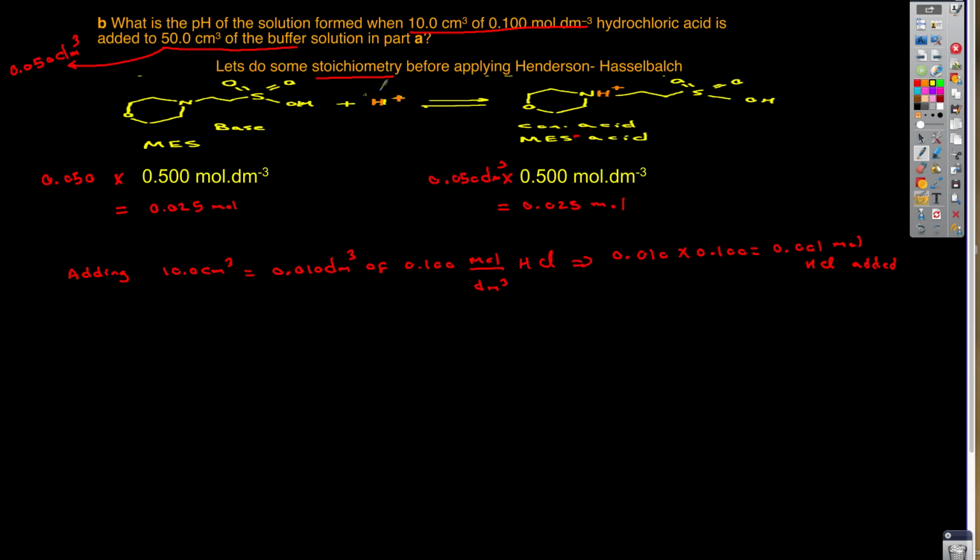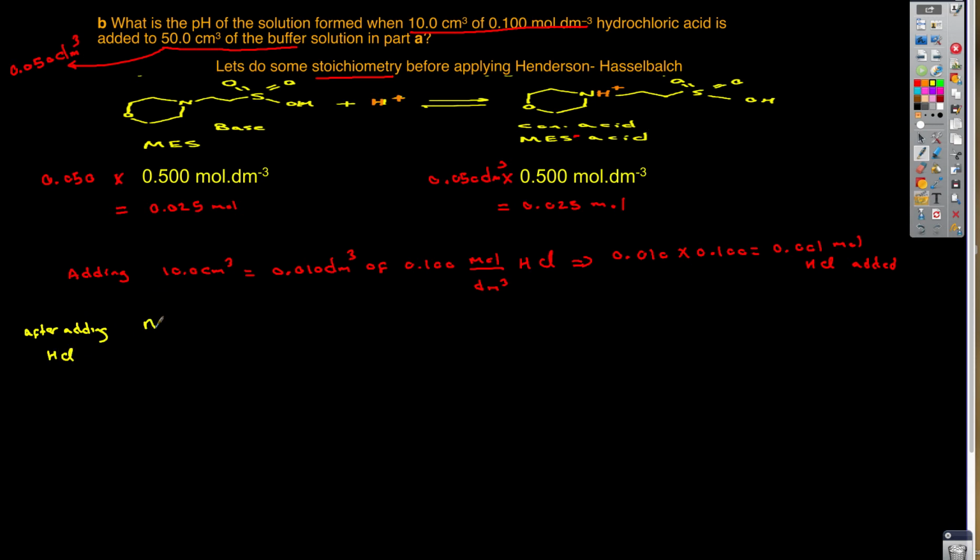If you add this much HCl, you are going to remove the same amount of base, and you are going to add an equal amount of MES acid on the other side. So after adding HCl, this is what happens.